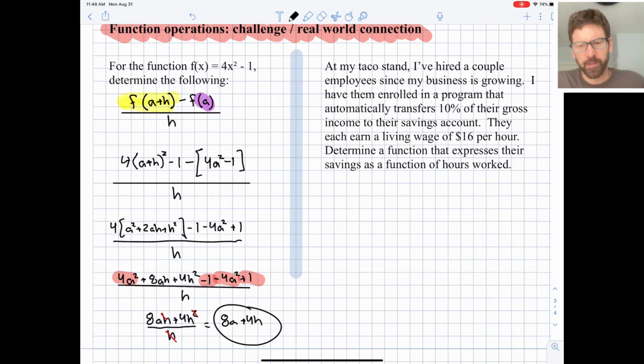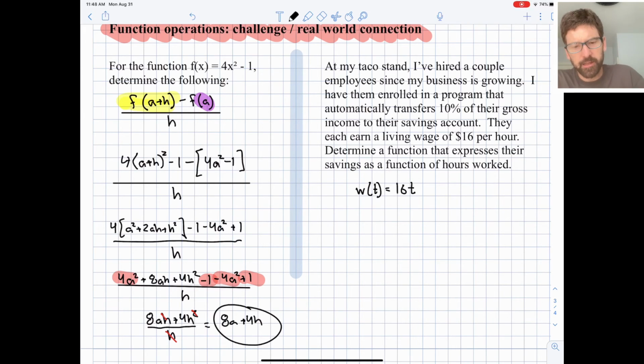Okay, so I think the easiest way to go through this might be to go through sort of in chronological order. What happens first? They earn the money first, right? And so we can think of wage as a function of time is $16 times the number of hours they've worked.